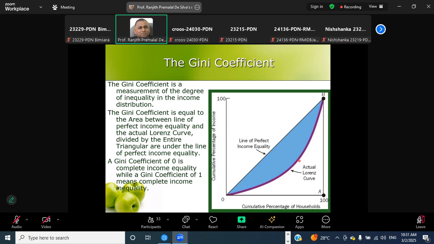You can get it in another way. If you take the blue area and divide by the area of this triangle, 0AB triangle, multiplied by 100, you get the same thing.